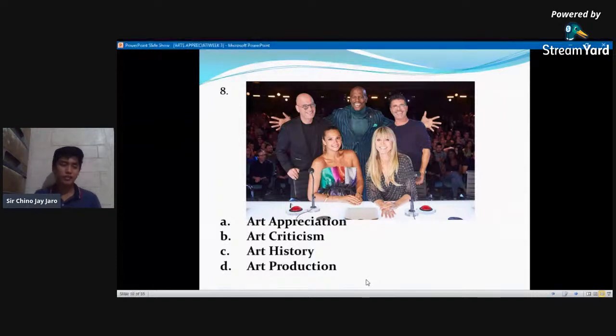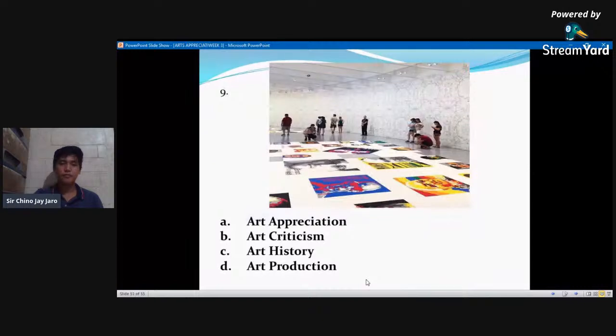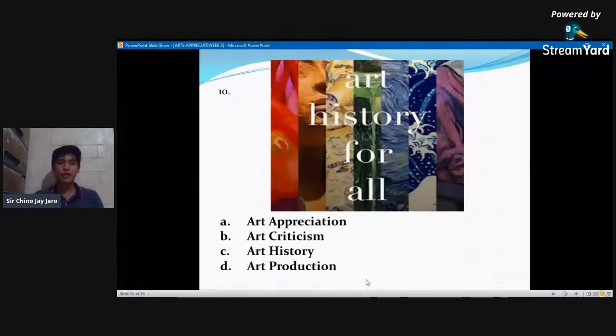Ano kaya ang kakayahan ng student na gawin ang mga ito? The next, number 9, anong part ng students, ang gawain ng students, ang dapat na ipapakita based sa picture? So, tapos na sa number 9. Then, number 10. Pag yan, hindi nyo pa nasagot ng tama, ewan ko na lang.